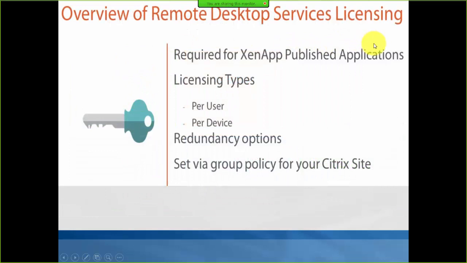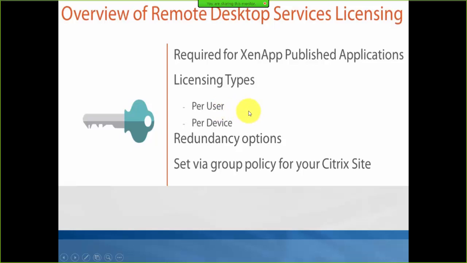Overview of remote desktop services licensing. We're not doing remote desktop, but it is required for XenApp published applications. Licensing types are per user, per device, or concurrent. If you have lots of users, the main thing is licensing is cheaper with concurrent connections. Suppose you have 10,000 users and you know that only 1,000 or 2,000 connect at any given time, at peak time.